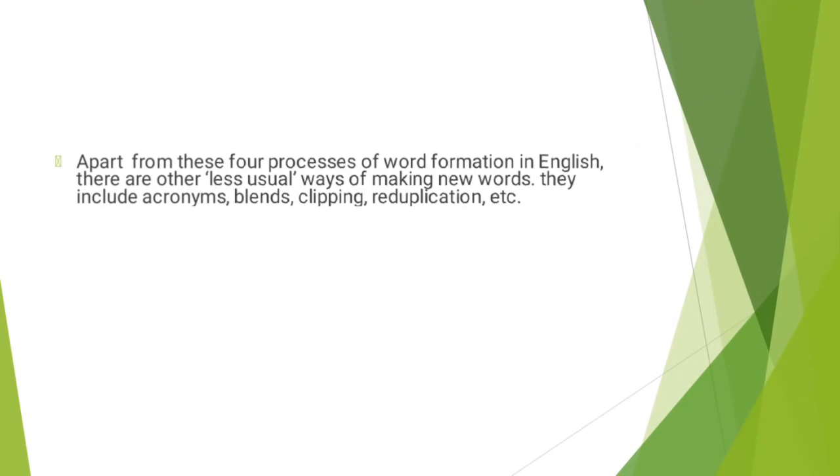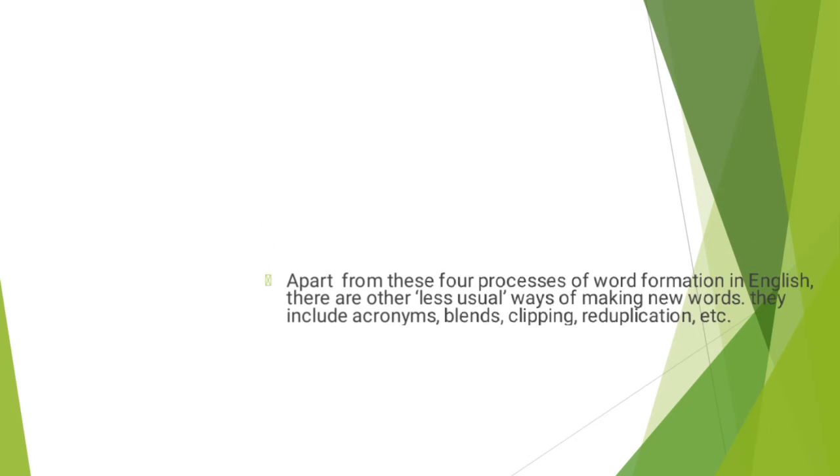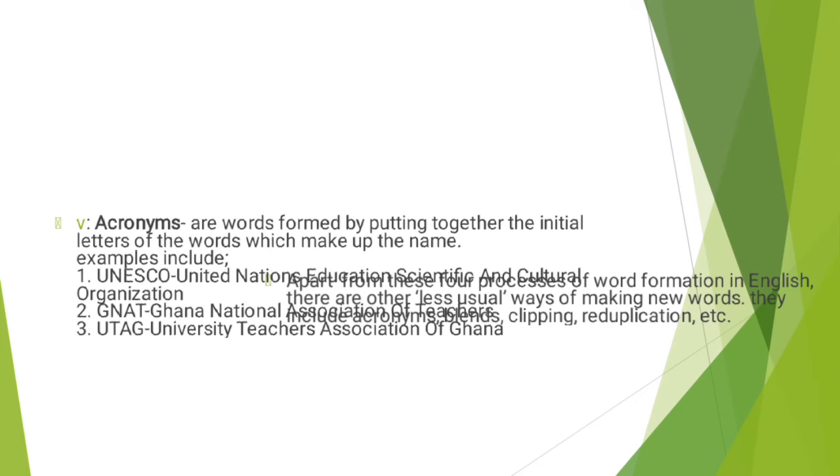Apart from these four processes of word formation in English, there are other less usual ways of making new words. They include acronyms, blends, clipping, reduplication, etc. So we have acronyms.